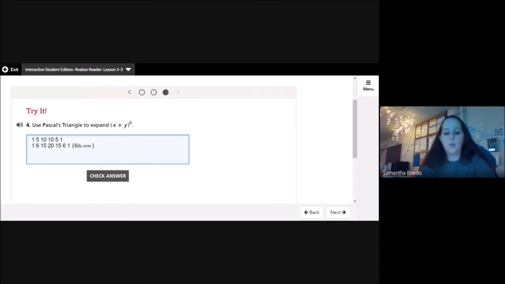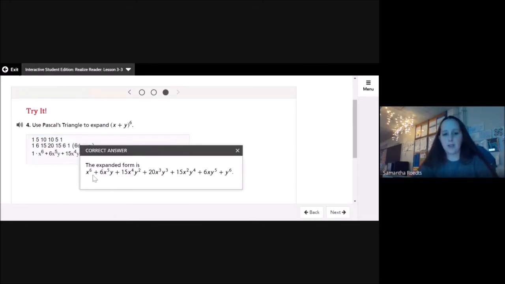So then I take 1 times x^6 plus 6x^5y plus 15x^4y^2 plus 20x^3y^3 plus 15x^2y^4 plus 6xy^5 plus 1y^6. So x^6 plus 6x^5... Okay, so you see how the exponents start at 6 and decrease for the x, but they increase for the y values.